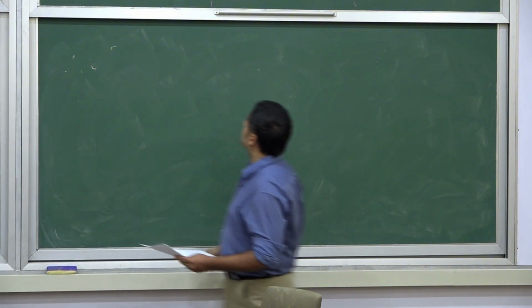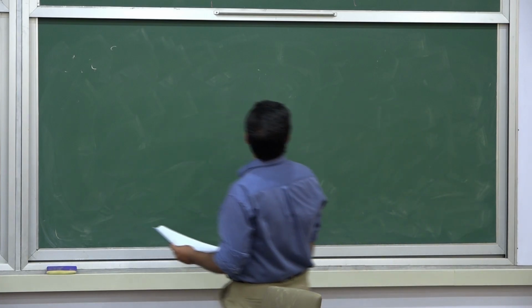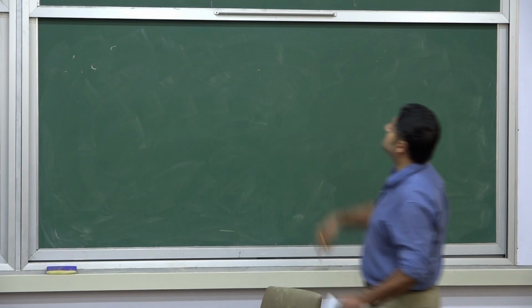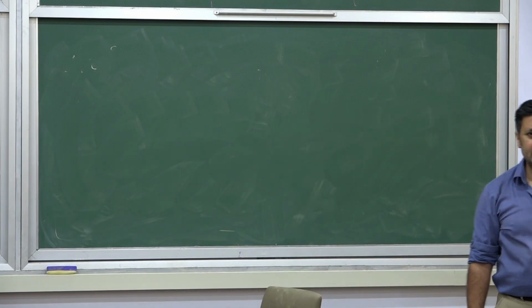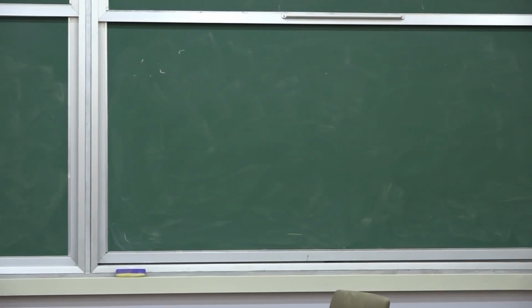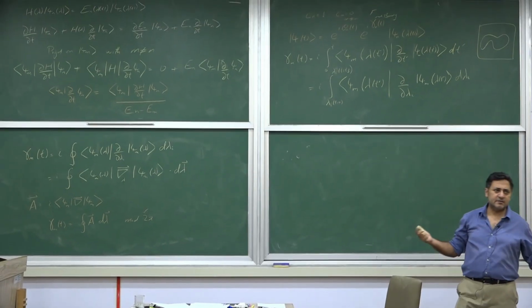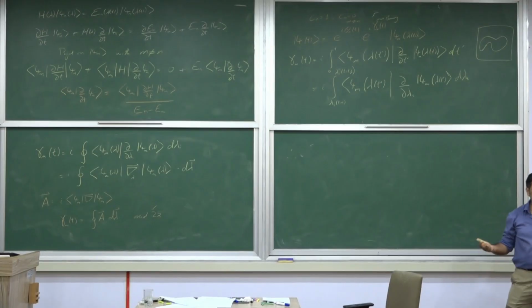Because I said that my final state, where did I write? Over there. I said take psi n lambda to be your eigenstates, and they are picking up these phases. But what is the phase of psi n lambda itself? It's arbitrary. So the starting phase is arbitrary.